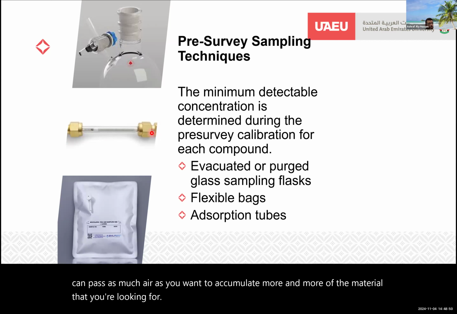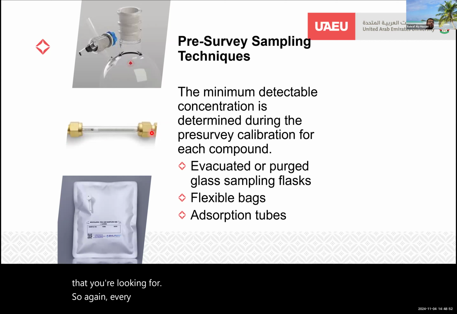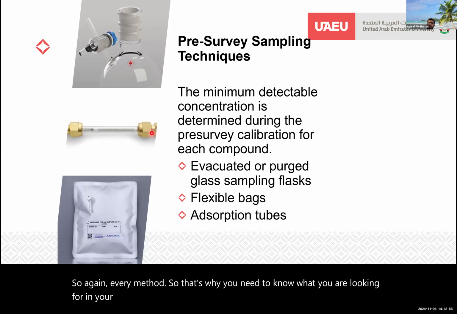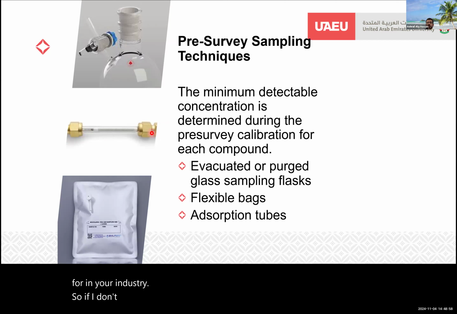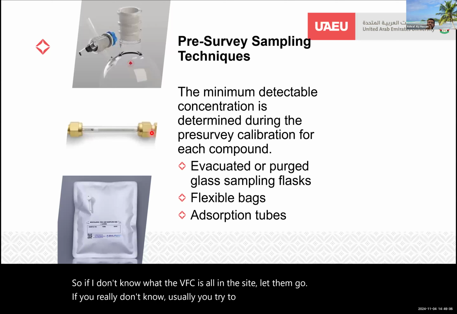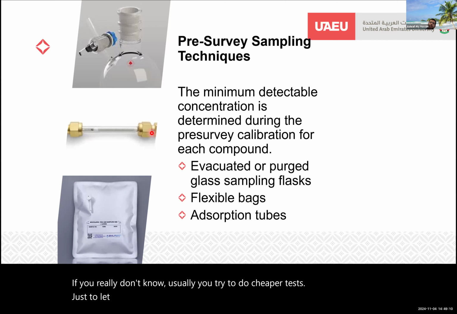So again, that's why you need to know what you are looking for in your industry. If I don't know what the VOCs are at the site, well, if you really don't know, usually you try to do cheaper tests just to let you know where you are.